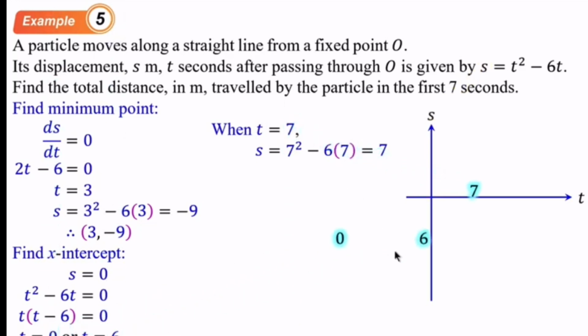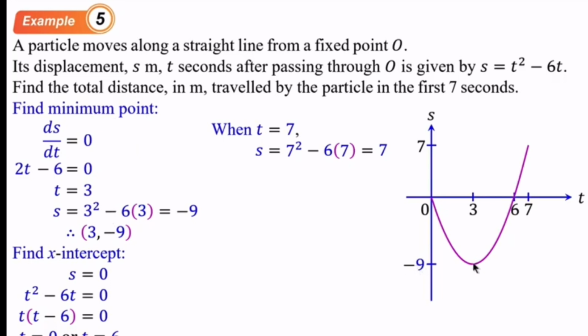So the intercepts are at 0 and 6, and then we label t equal to 7, and the turning point is at (3, -9). So let's label the points. We have (7, 7), we have (3, -9), we have (0, 0) and (6, 0). All these are important points.